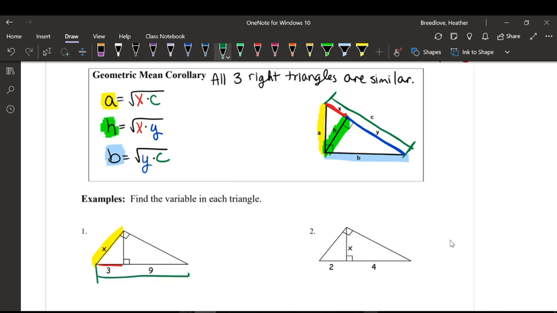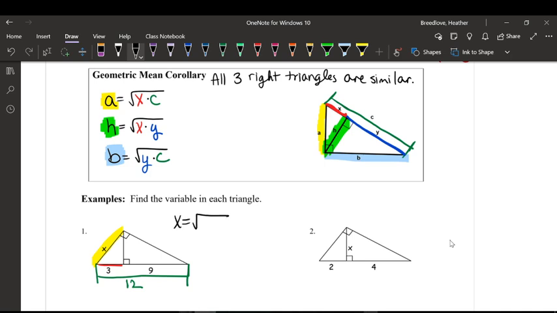But I don't have anything given for the green. But I have the red and the blue, and the red and the blue together make the green. So if I add 3 plus 9, that's 12. I know the total length of the large hypotenuse is 12, because if I add those two pieces together, that's what makes that line. And now I can set up my problem.